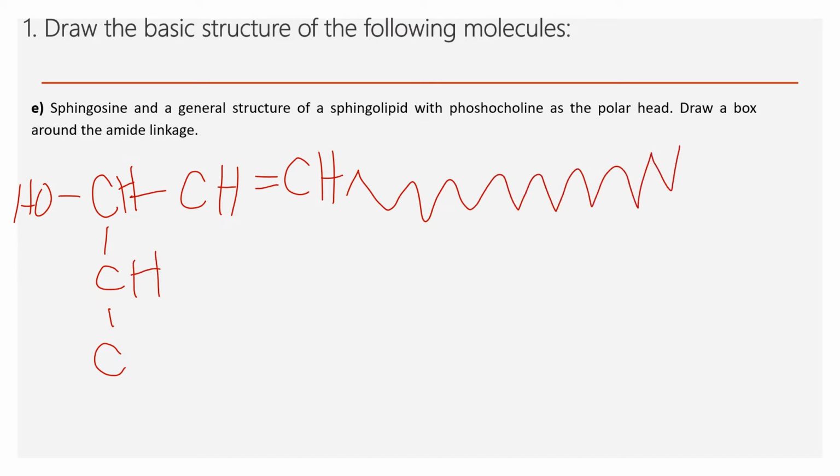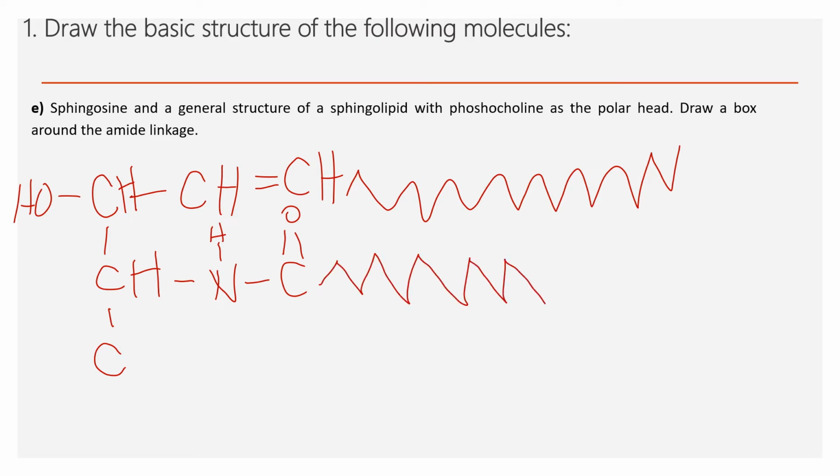And then the second carbon has the amide linkage. So that's the nitrogen, carbonyl, and the hydrogen. And then the rest of our carbohydrogen chain. So this is the amide linkage. And then on carbon 3, we have our phosphate group.